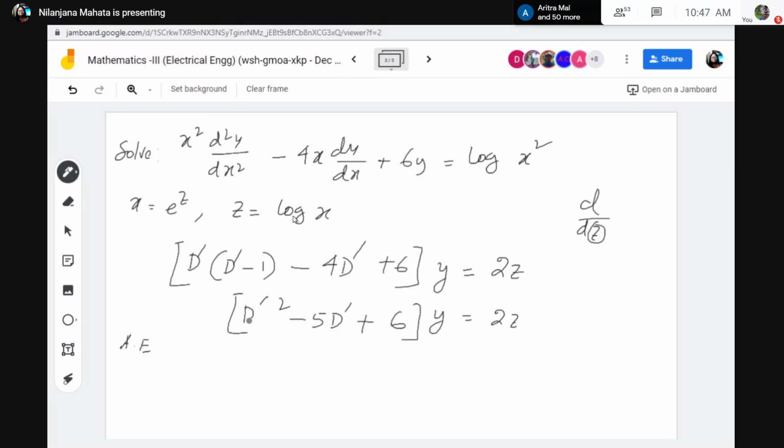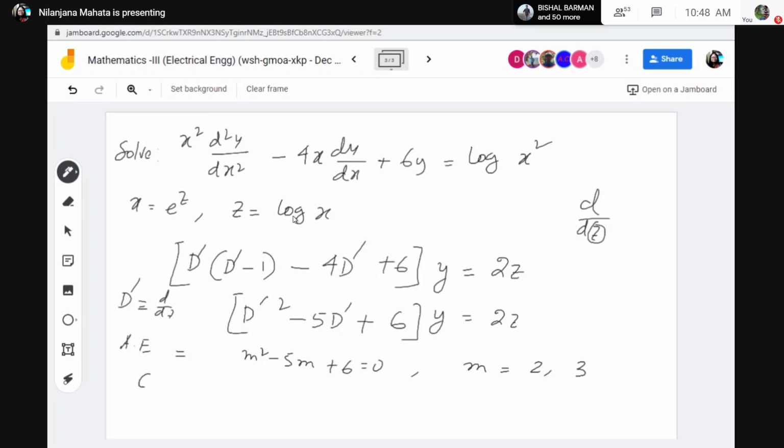Now you know how to solve this type of equation, your auxiliary equation. This will be the same procedure, only your d dash will be d by dz. So your solution will be in terms of z and y. The auxiliary equation will be m square minus 5m plus 6 is equal to 0, m is equal to 2 and 3.